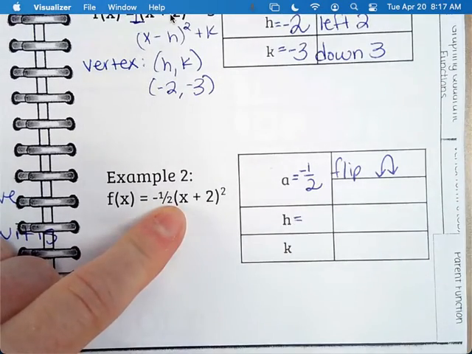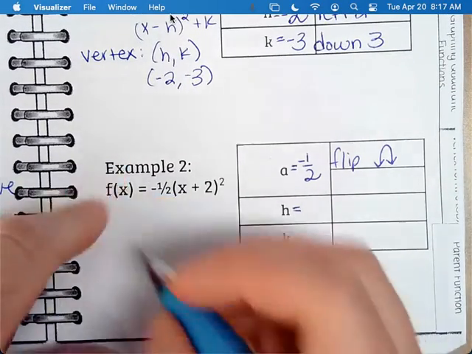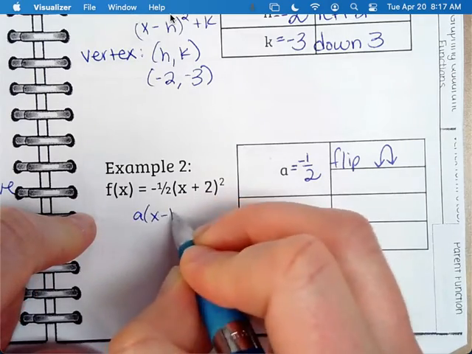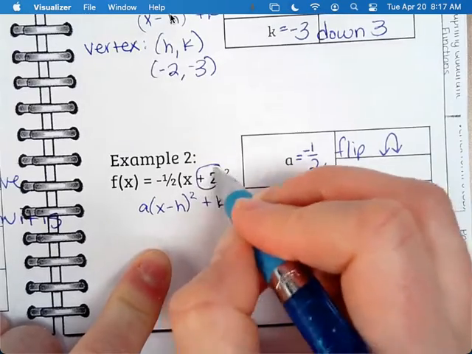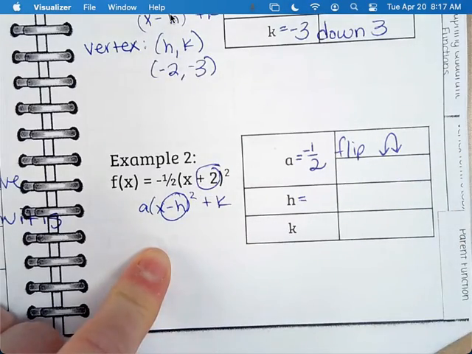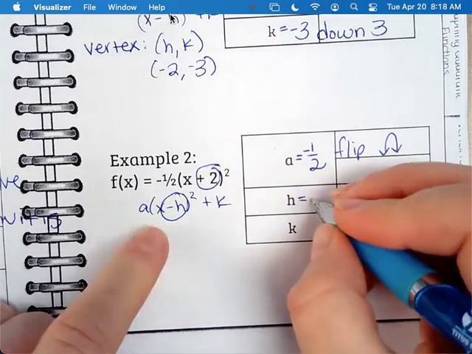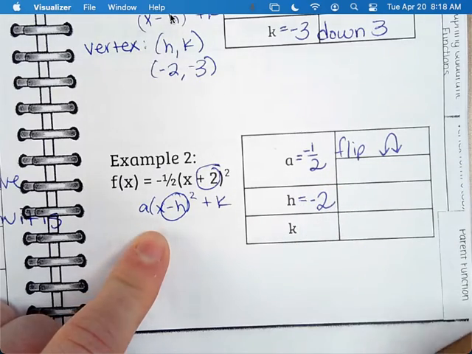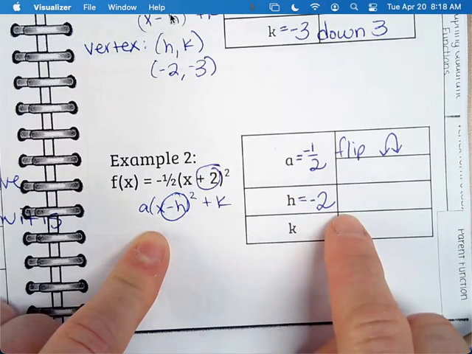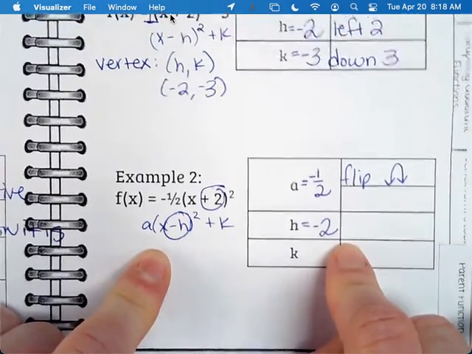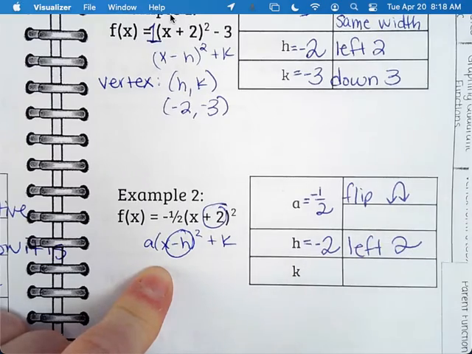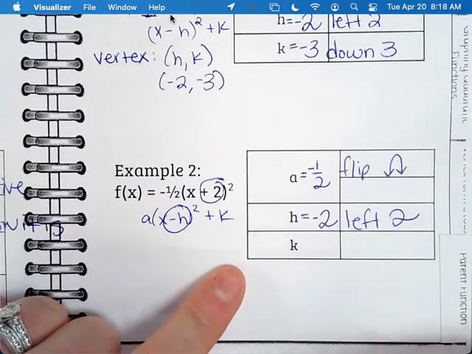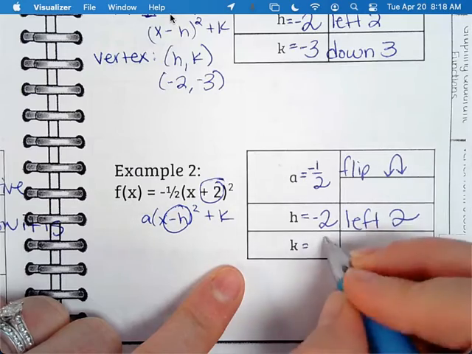What is the h value? This says +2, but our formula says -h. So what is it? -2. So how is it going to be moved? Yep, left 2. And then what's our k value? 0. Okay.